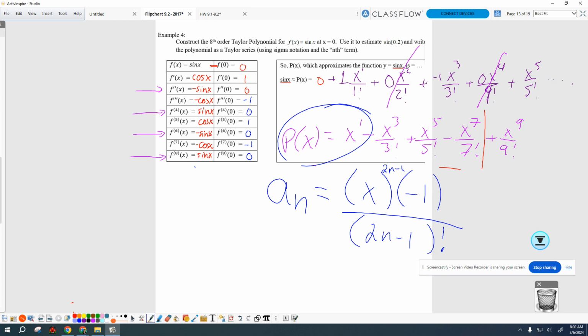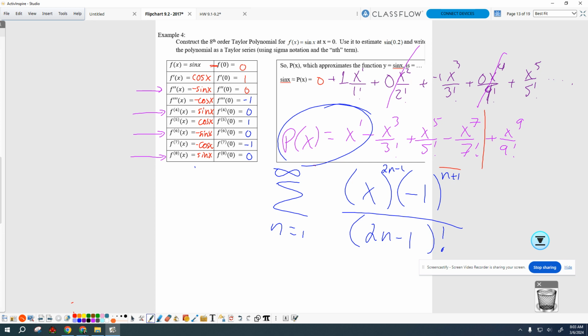So you would say, for the sigma notation, all of the terms that make this work. And I want the first term to be negative or positive, so I need to shift that.